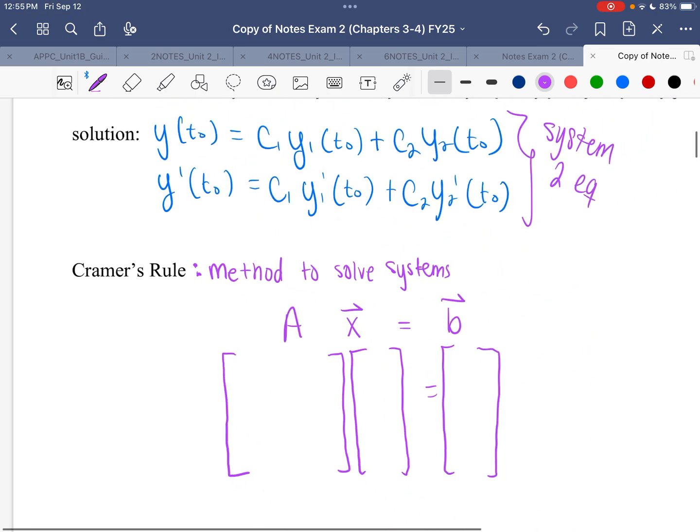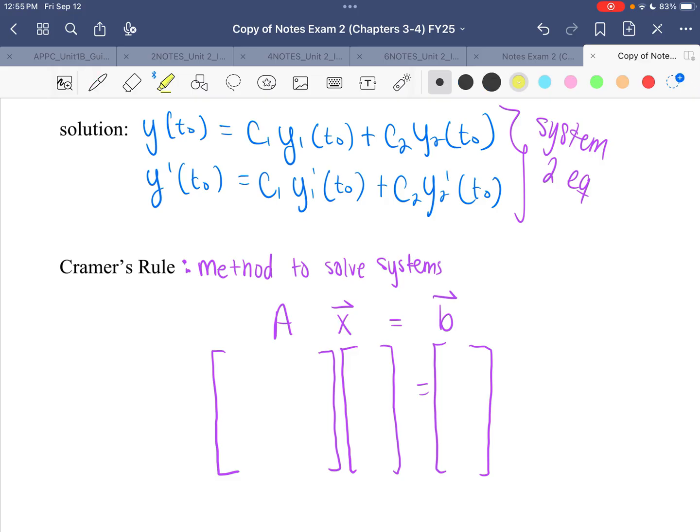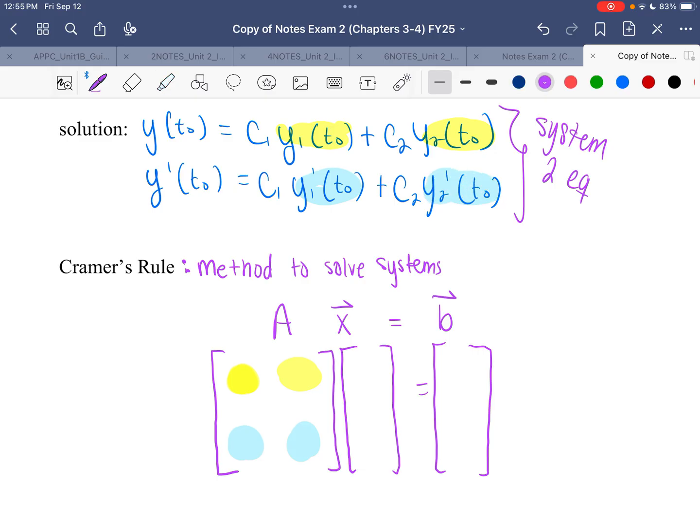So looking at our equation we had before, we're going to have y1 at t naught, y2 at t naught, and we're going to have y1 prime at t naught and y2 prime at t naught. And then the coefficients are what we're trying to solve for.